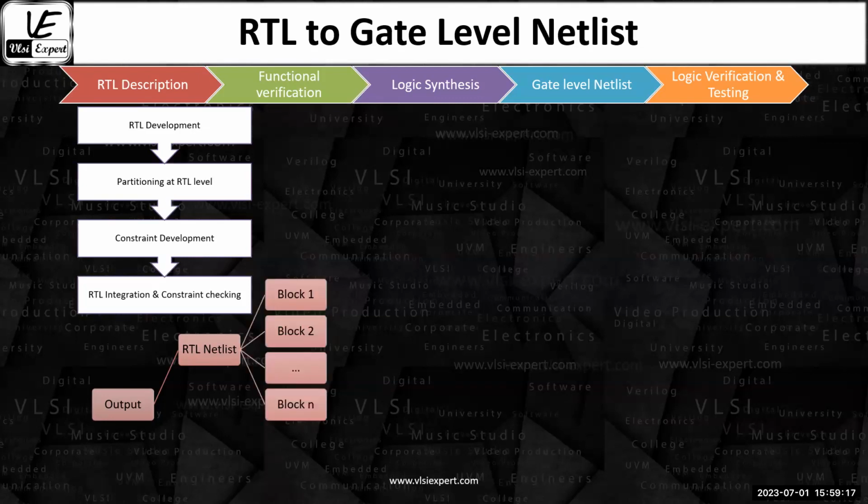So if there is an RTL netlist in terms of the blocks, the partitioning, block 1 to block n, then I have a constraint for all the blocks, and there is going to be a top level block design. So design constraint and your block level constraint, you will have all these things. Am I right?